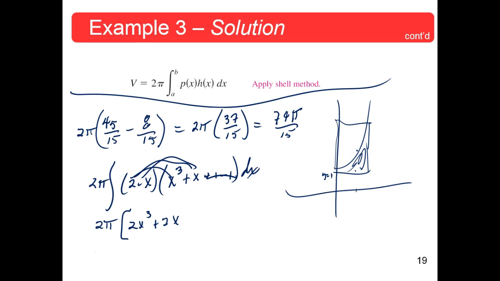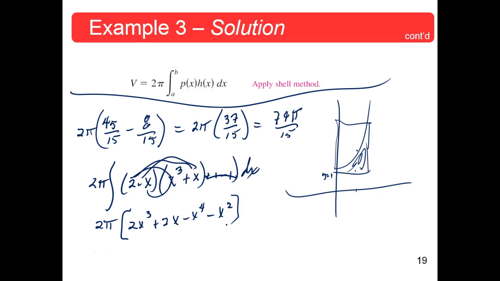Yeah. And then the next part would be a minus x. You could just FOIL this. Just FOIL it. 2x cubed plus 2x minus x to the 4th minus x squared. There's our integral.